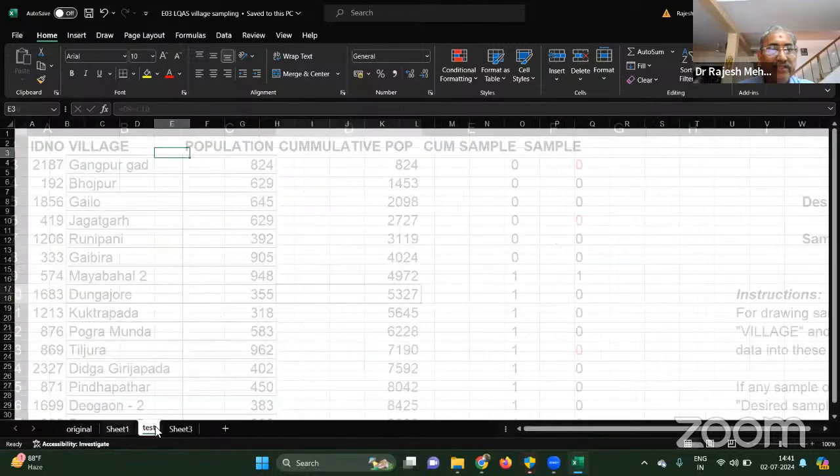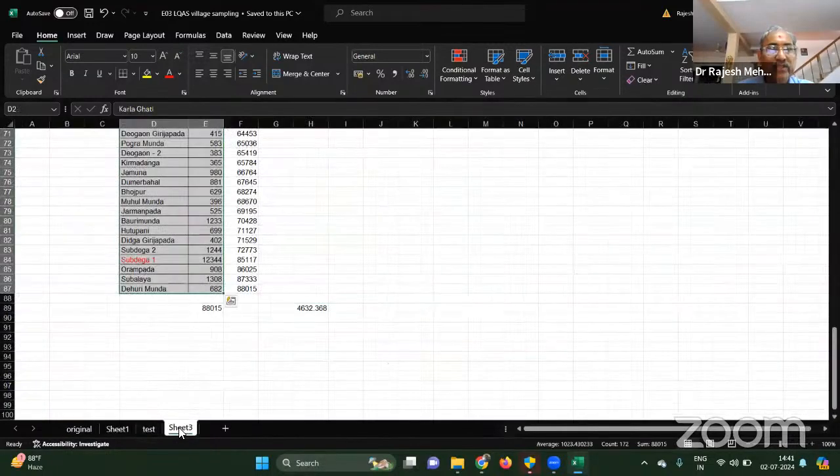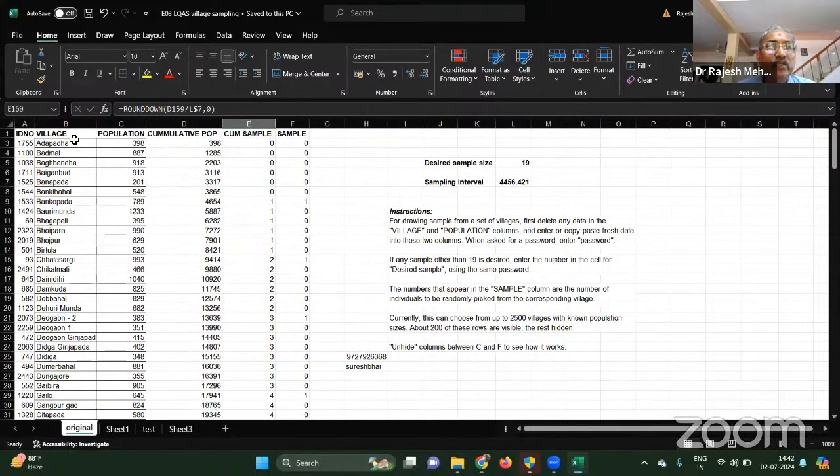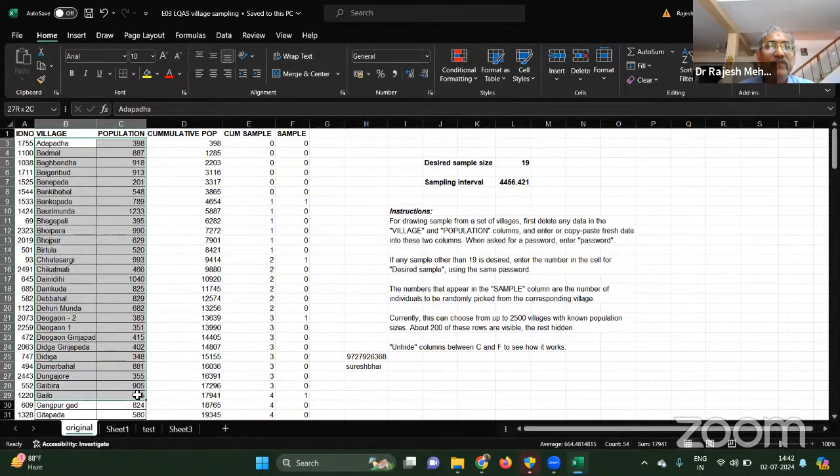Sheet 1, Sheet 2, Sheet 3 are only for your purpose, if you want to do anything. But here, you need to put your data. This is the data sheet. If you change this, automatically you will get the output.